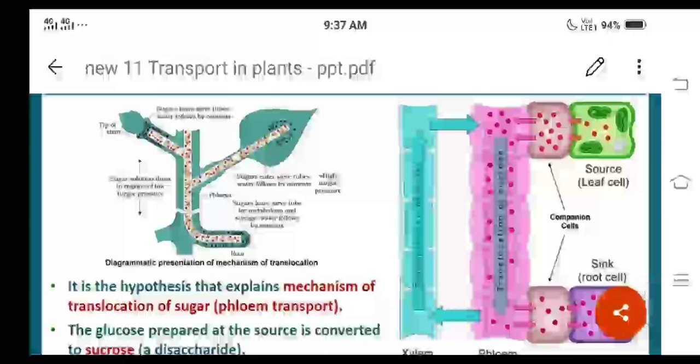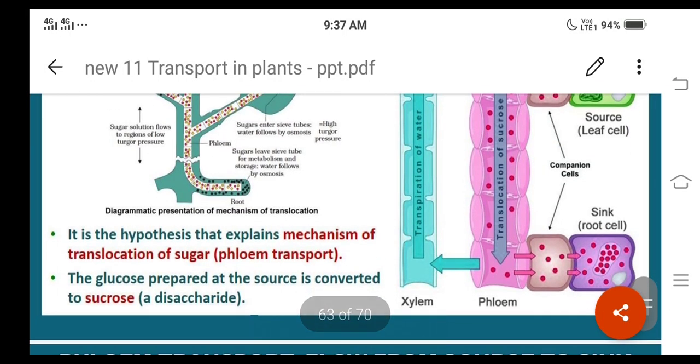And sink, the root cell is taken as an example of the sink, where the food is utilized or stored. This hypothesis explains the mechanism of translocation of sugar, called phloem transport.